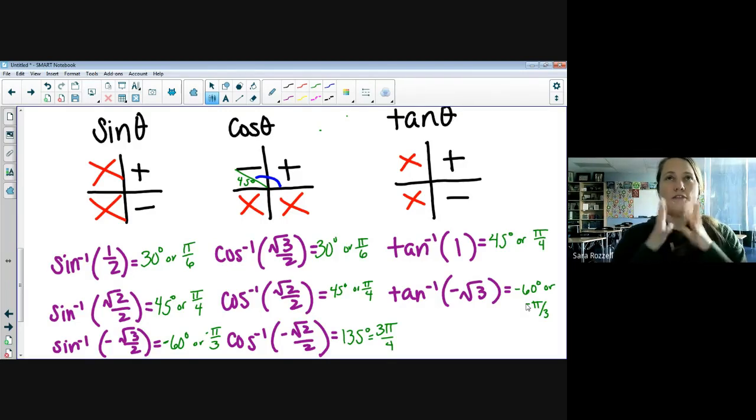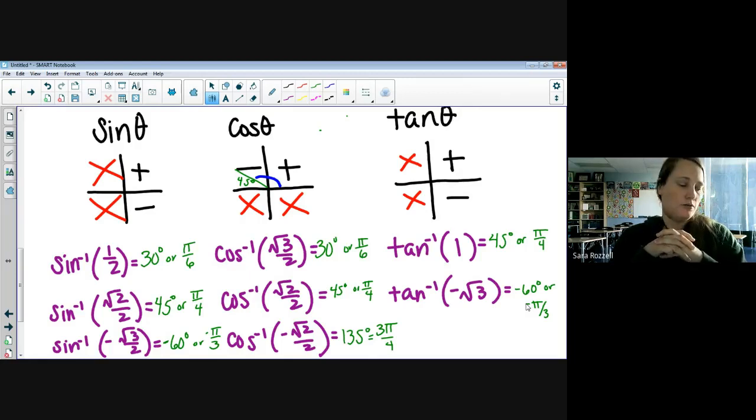Okay. If you do not have all of these triangles written down that we are referencing to get these answers, that is from Unit 2. You'll need to watch that video and stop after the special right triangles to write all of these down so that you'll have them and you can use them. Okay, if you're like, I don't know where any of this stuff is coming from, make sure you go back and watch that second lesson.